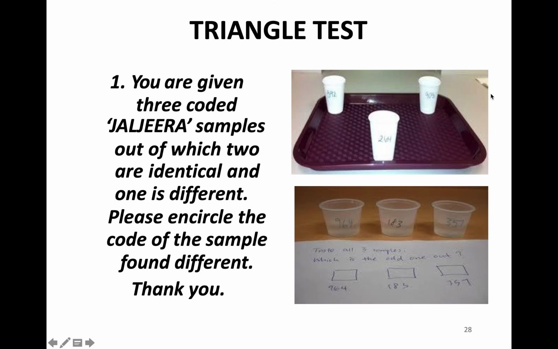Here is an example of a triangular test conducted on a Jaljeera sample. In this, panelists are given 3 coded Jaljeera samples, out of which 2 are identical and 1 is different, and they were asked to encircle which sample is different from the other two.